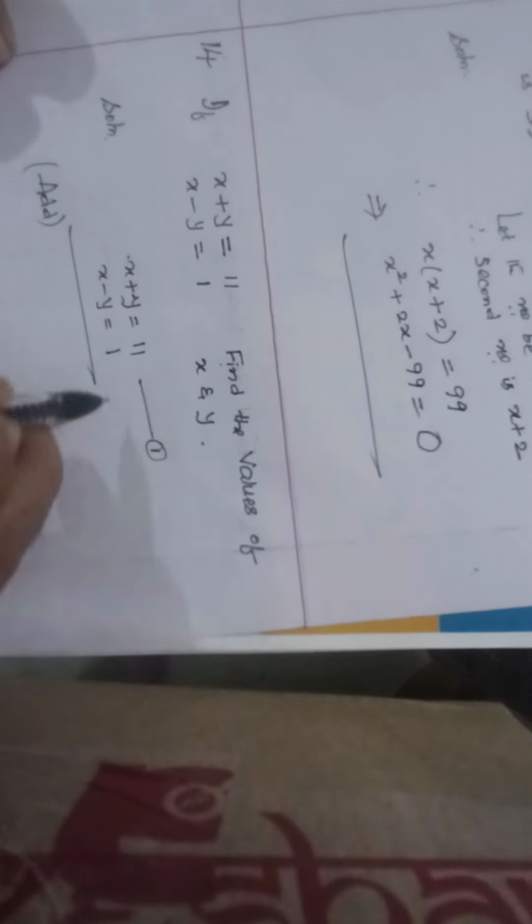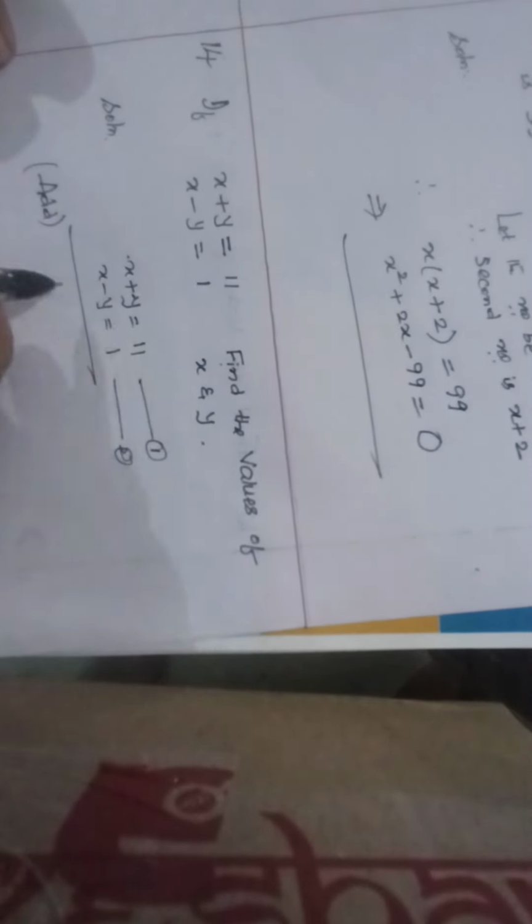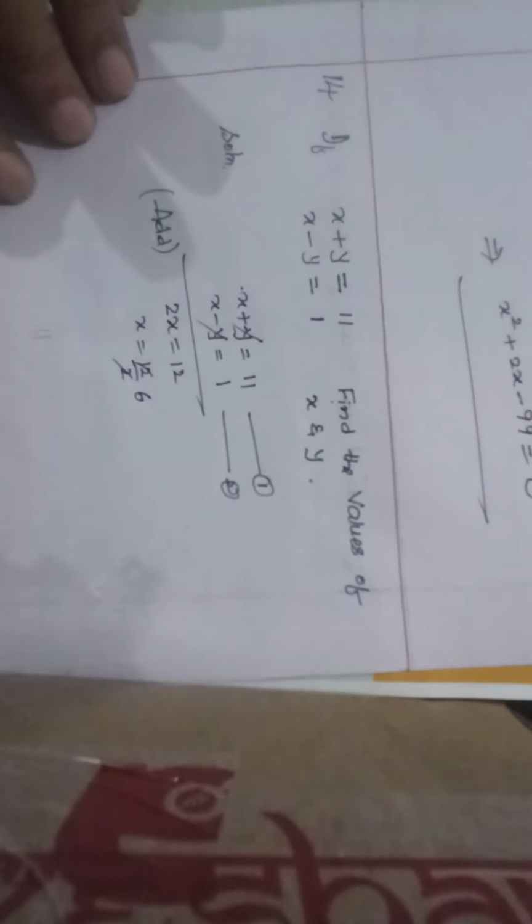If you add these two equations, equation number 1 and equation number 2, these two terms get cancelled. Therefore, adding gives 2x is equal to 12. Therefore, x is equal to 12 by 2, which gives 6. So x is equal to 6.